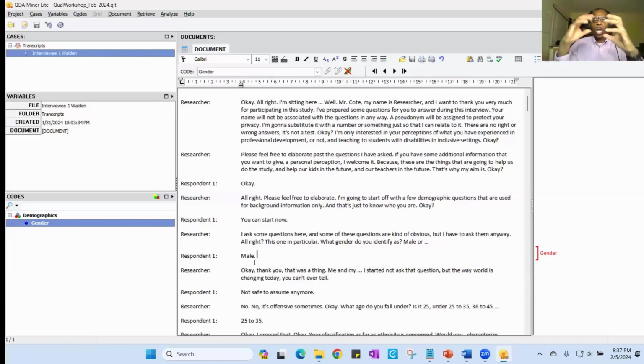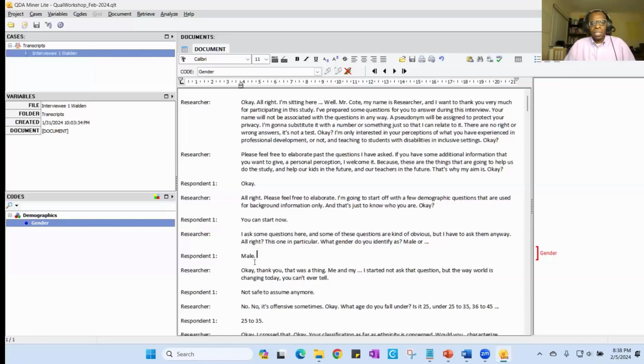So the code is what represents the word, what is being communicated. You don't want to write male or female as the code. You want to write the level one code that represents what the words mean, right? Male is a gender, female is a gender. So that means that gender is the code and the category is demographics.